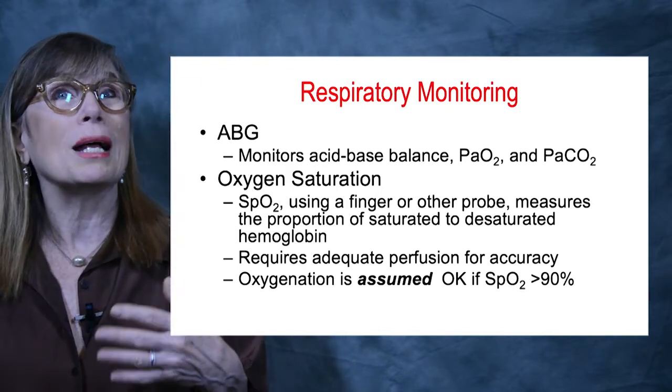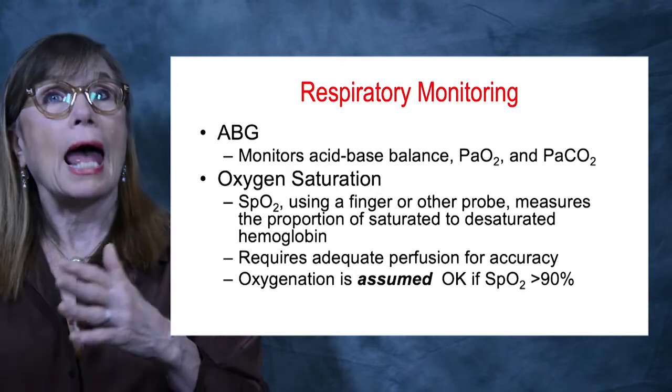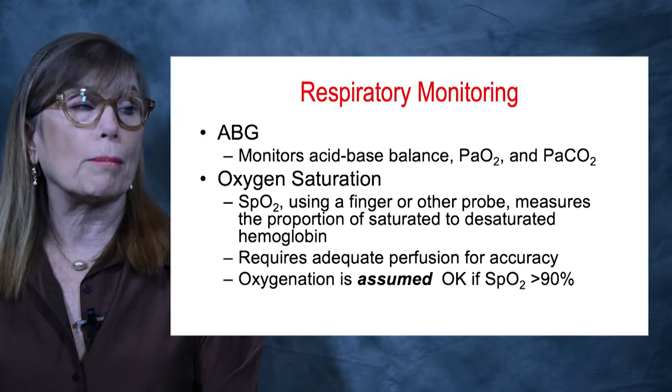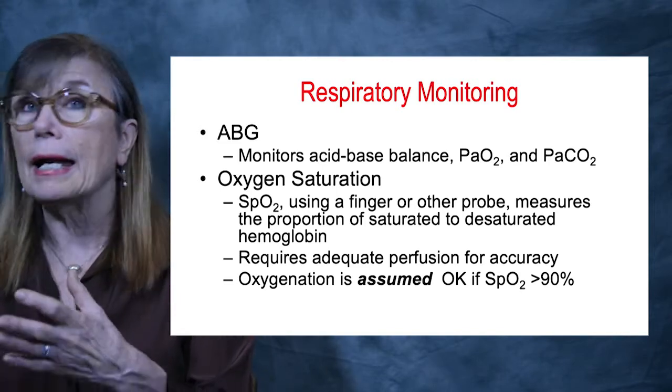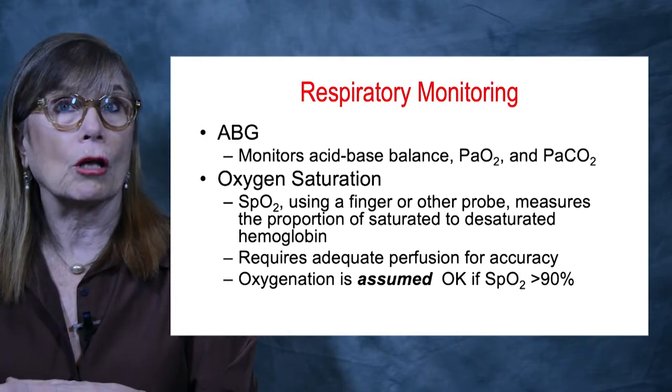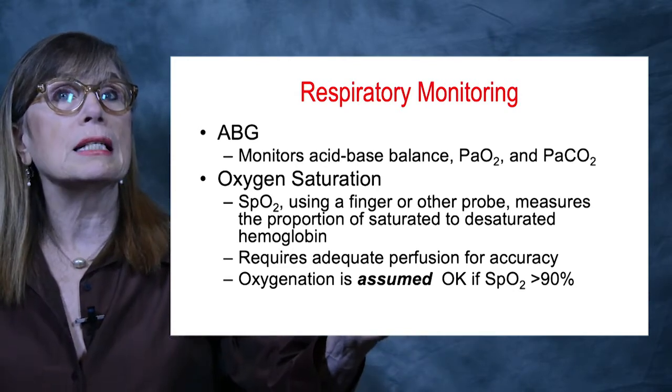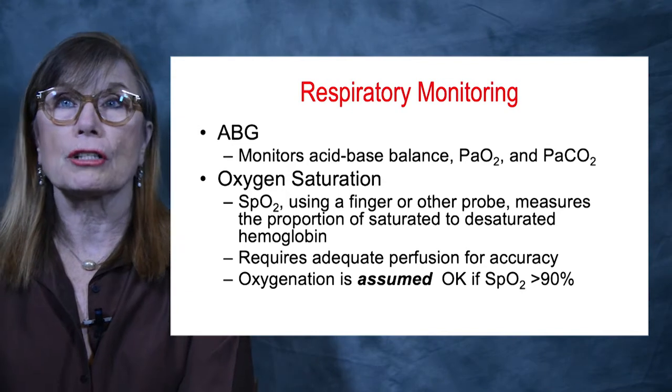That signal, known as SpO2, using the finger and a probe, measures the proportion of saturated and desaturated hemoglobin. Now, desaturated hemoglobin is the hemoglobin that's already released the oxygen to be dissolved in the arterial bed.